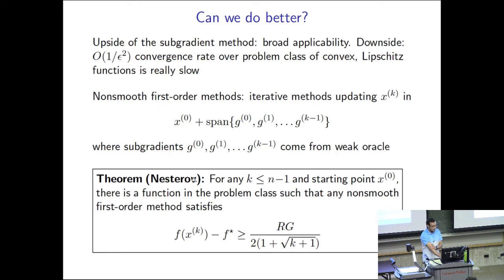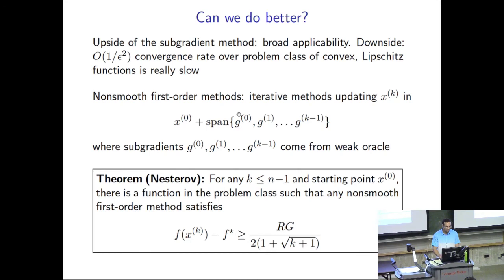And thanks to Nesterov again, we have a lower bound on how well we should expect to do over a class of methods that use similar amounts of information. I'm calling this non-smooth first-order methods. These are methods that at every iteration update the current iterate somewhere in the span of the first iterate, where we began, plus the span of the subgradients we've seen so far. If we replace these subgradients with gradients, that was a first-order method.